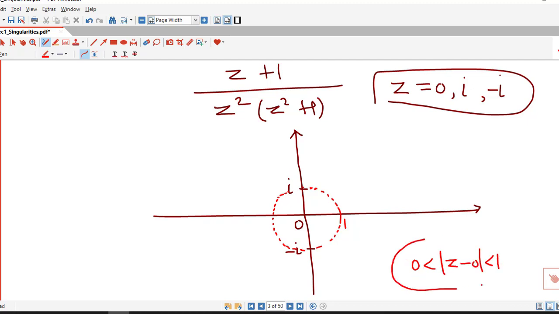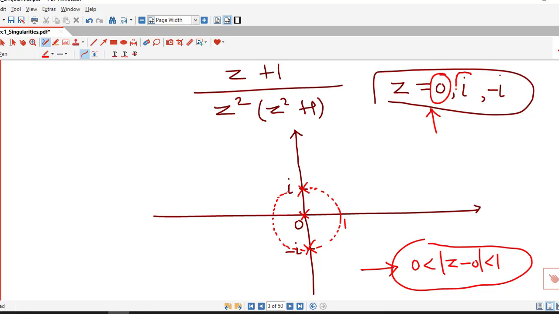This is the deleted neighborhood of z equal to 0, which does not contain z equal to 0 and these points also, and the function is not analytic at these points only. So we can say that the function is analytic in this deleted neighborhood of z equal to 0. Therefore z equal to 0 is an isolated singular point.